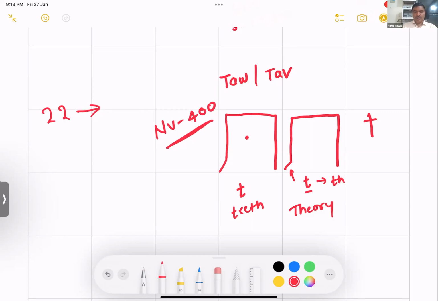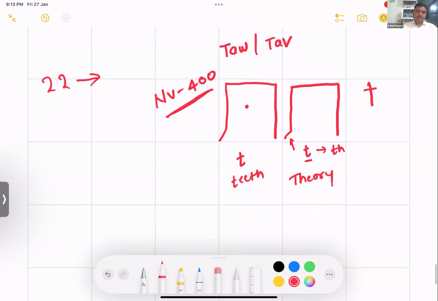There is one more letter of the alphabet which gives a T sound, that is teth. But the difference between teth and tau is that for teth there is a dot under the T, but here no dot.